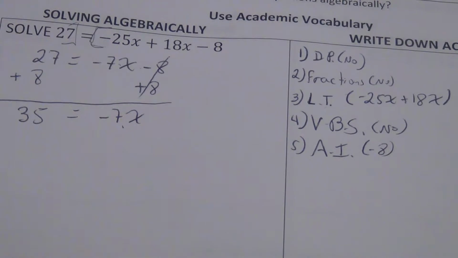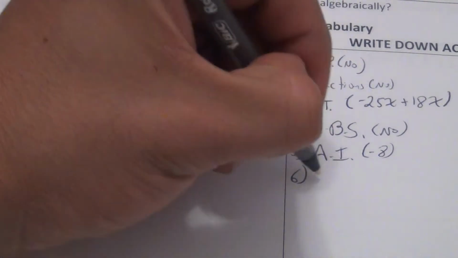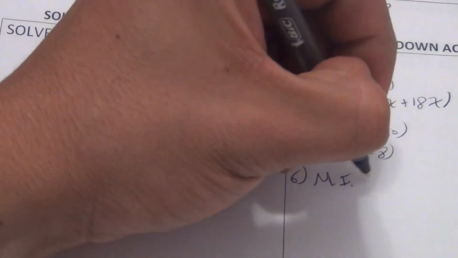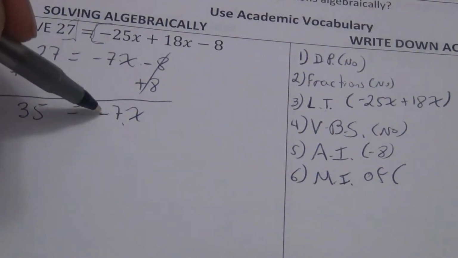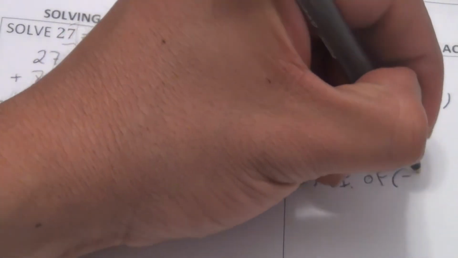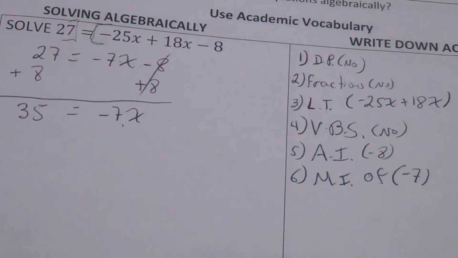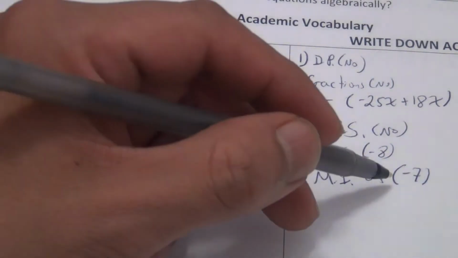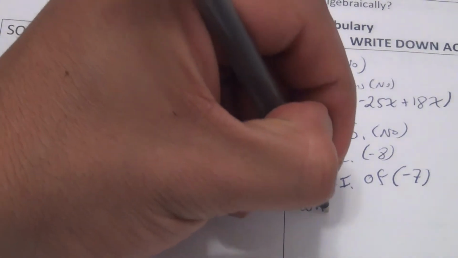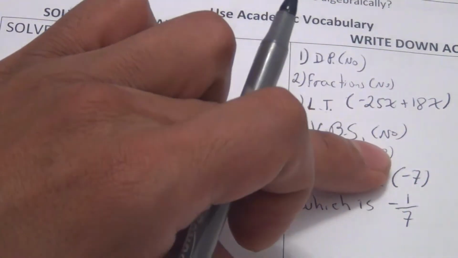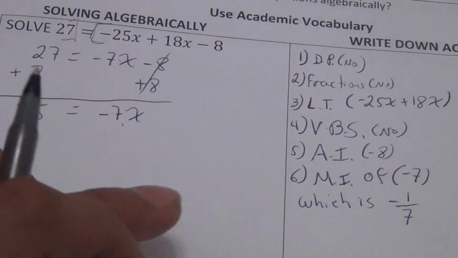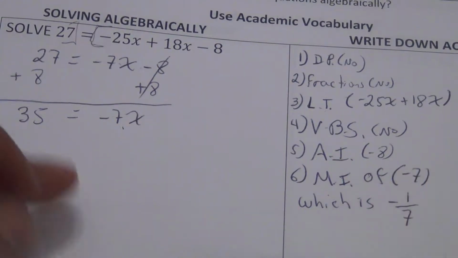And now I am going to use the multiplicative inverse of the number multiplying the variable. In this case, negative 7 is multiplying x. What is the multiplicative inverse of negative 7? Well, negative 7 is negative 7 over 1, so the multiplicative inverse, or reciprocal, should be negative 1 over 7.